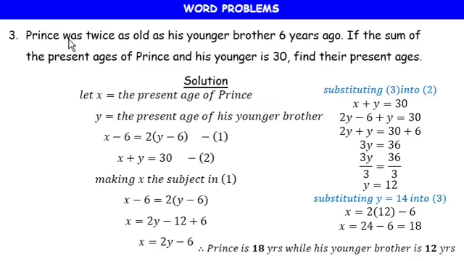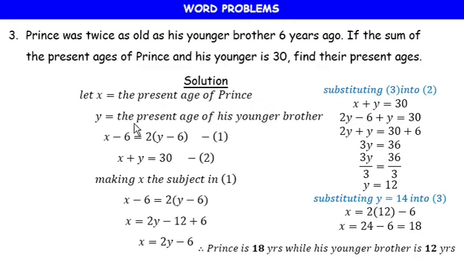Then let's come back to the question and interpret it mathematically. Prince was twice as old as his younger brother 6 years ago. How do you represent it mathematically? x is the present age of Prince.